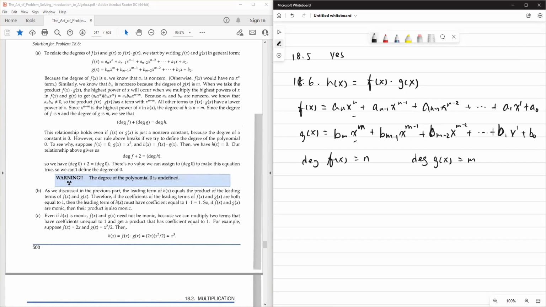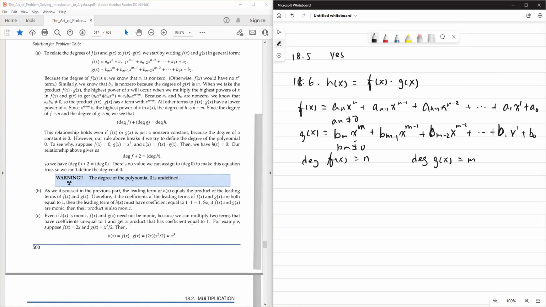All of these can be 0, but if the degree of f of x is n, then a_n cannot be 0. If it were, it would reduce down to the next degree. All you need to know is the first term is not 0, and all the rest can be 0 for this to be an n-degree polynomial.